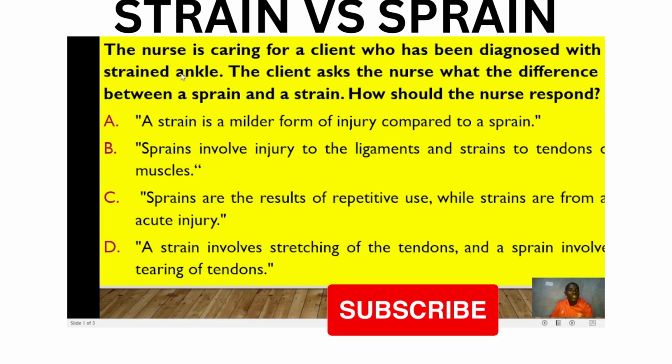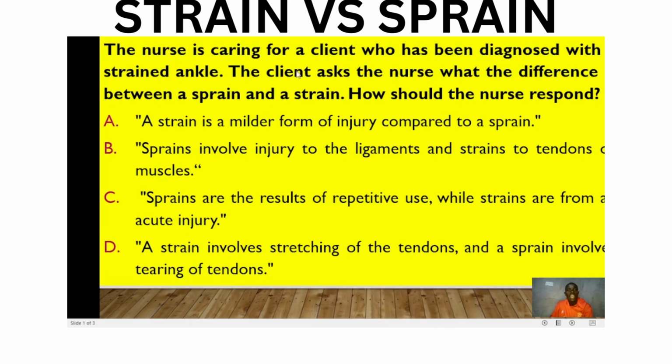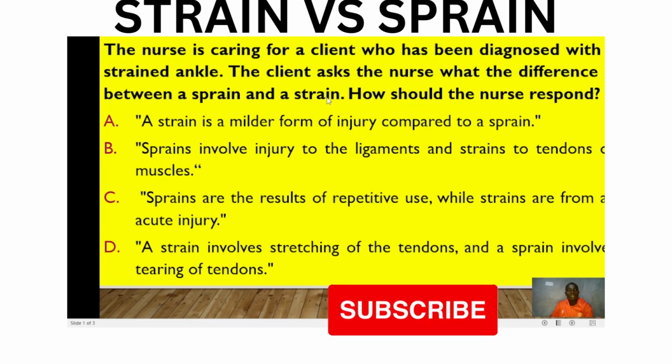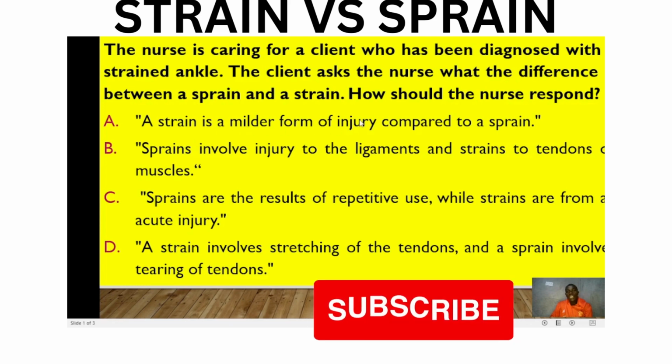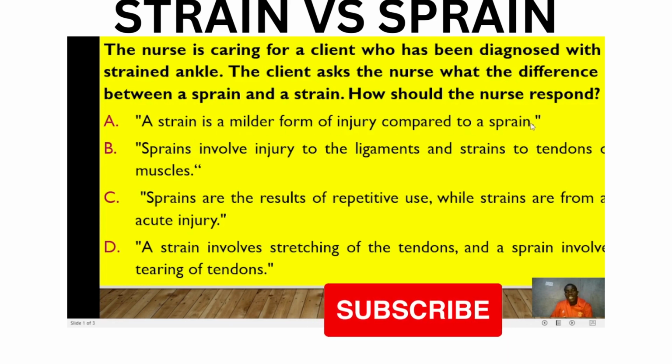So our question was to differentiate between a strain and a sprain. Can we get the correct answer, guys? A strain is a milder form of injury compared to a sprain. Yeah, this can be kept for consideration.